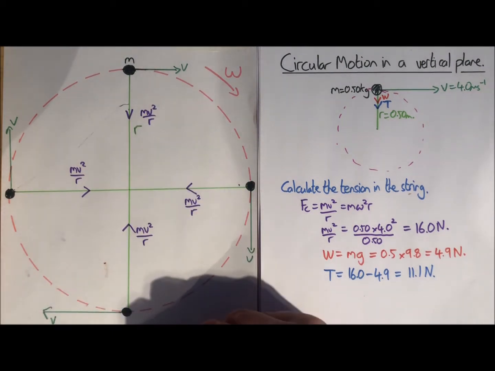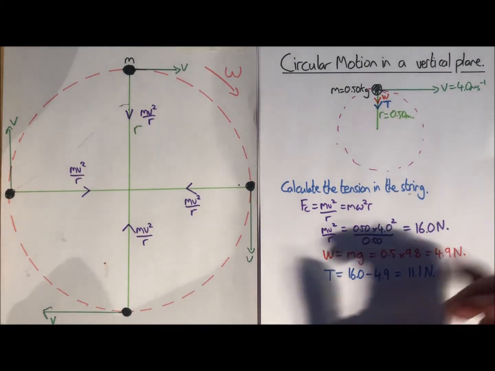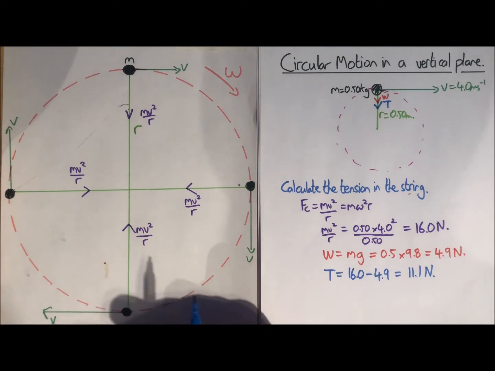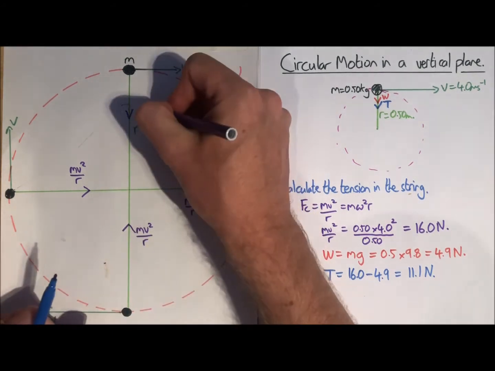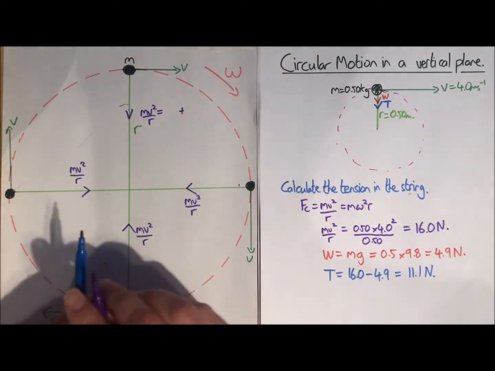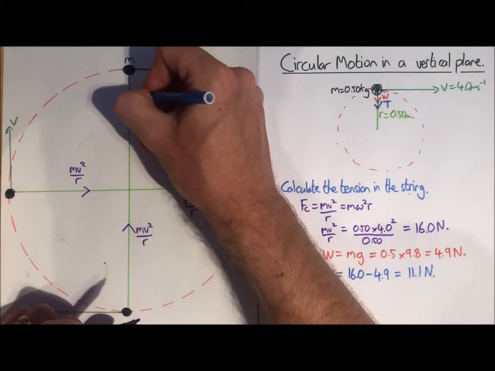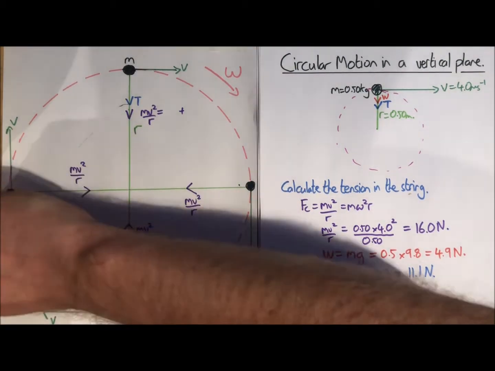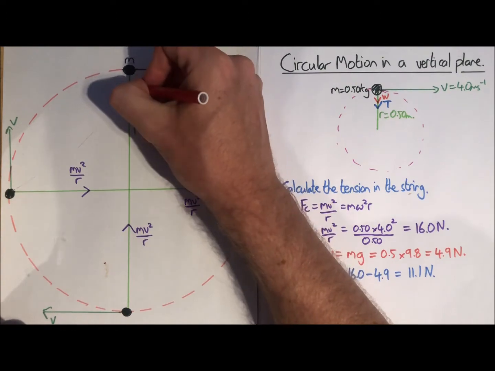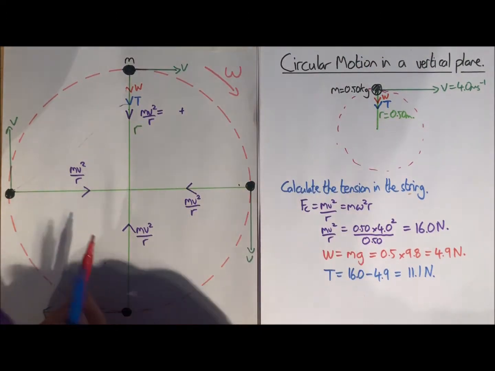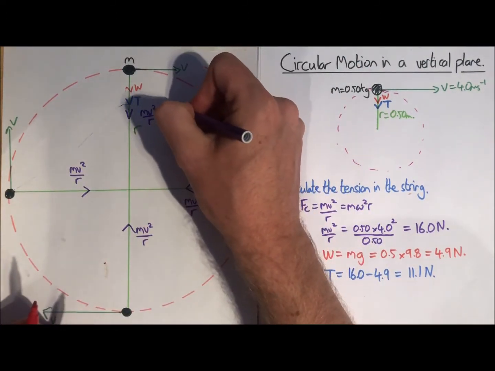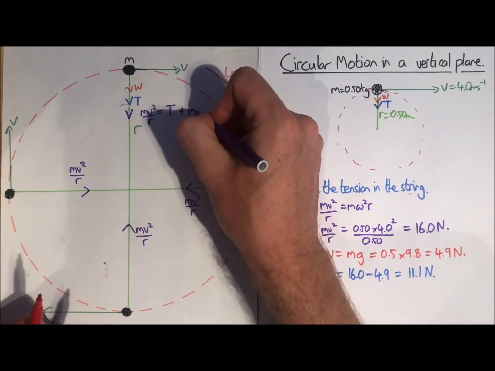However, if we consider the top, like we've just done, that is made up of two different components. Okay, we've got the tension and we've got the weight. So at the top, mv squared over r is the tension plus mg.